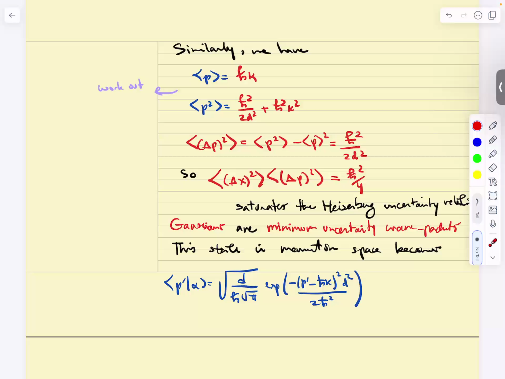I have to put the representation of the momentum operator in the position eigenbasis. What was it? Minus i h bar del x. All right, you do this integral, you're going to get 0.